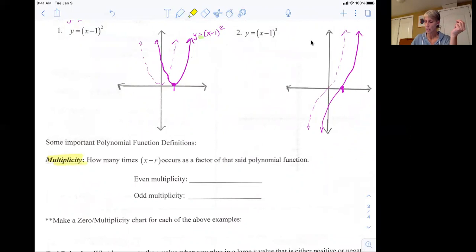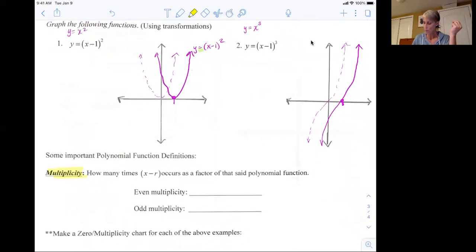If our multiplicity is an even number, our graph is going to bounce at that x-intercept. If we look back up here, x equals 1 is our x-intercept, and our graph bounces there.